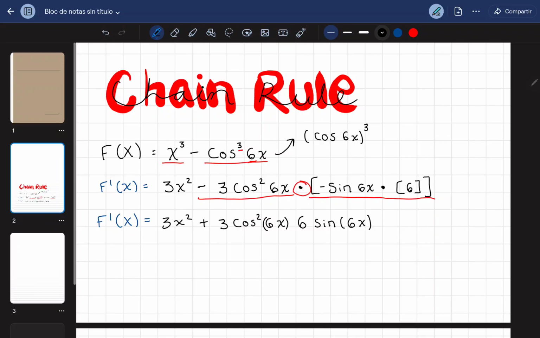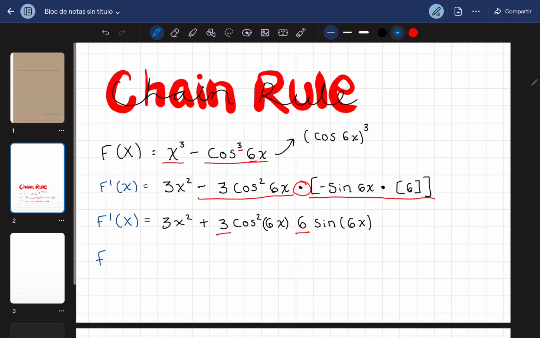But now that we have it like this, this number and this number can be multiplied too, right? Numbers can be multiplied with numbers. In the other one, we didn't multiply them. It's not always necessary to multiply them, but if we want to simplify these to its maximum expression, we need to multiply these two.